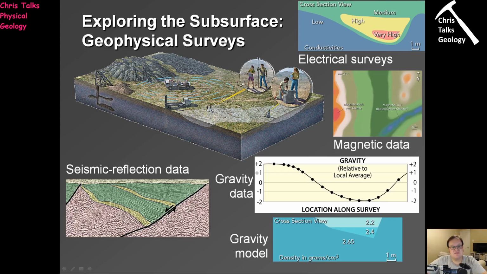In contrast, this material here, marked out in blue-grey, is probably going to be the basement. That's going to be made up of rocks like granites, other igneous rocks, maybe some metamorphic rocks. And so this is going to have a relatively high gravity signature. And so we can pick this out. We have an area with a high gravity signature here and a region with a low gravity signature here.